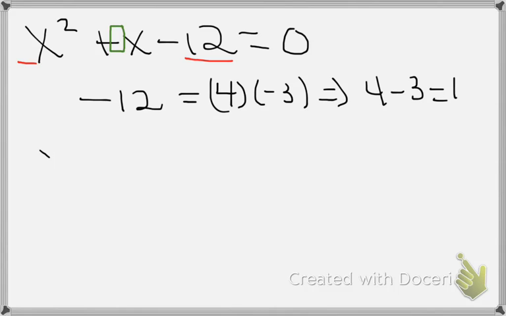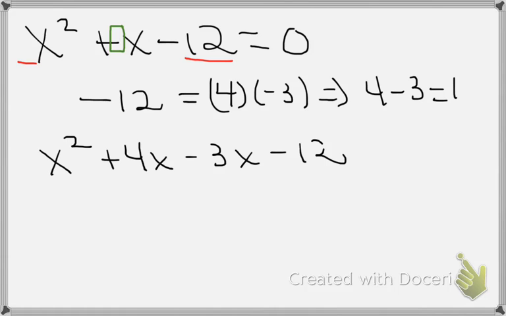It is true that x squared plus 4x minus 3x minus 12 is the same thing as x squared plus x minus 12, right?